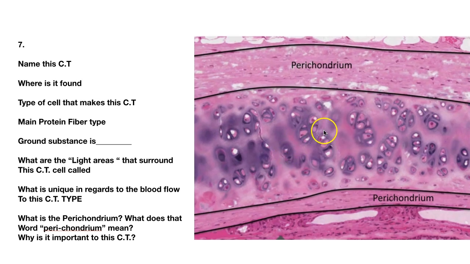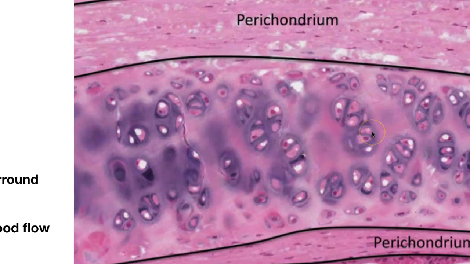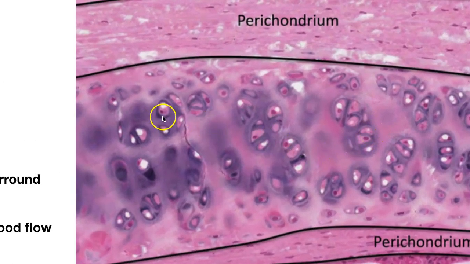Now, the little spaces that are around these cells are not actually light areas, but you can kind of see there is a little structure that is surrounding these cells. It's just stained a little bit different.